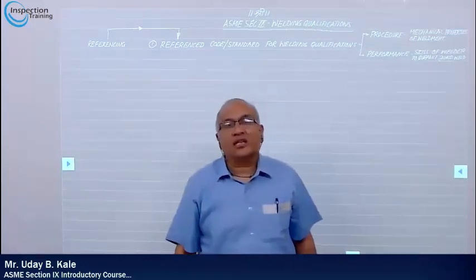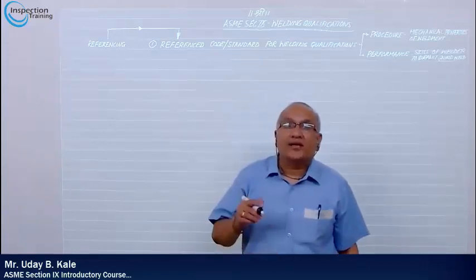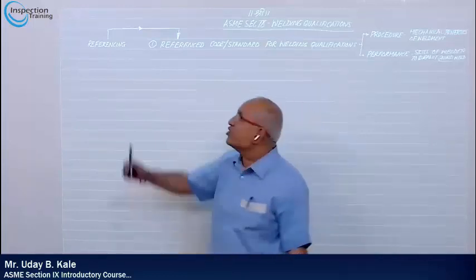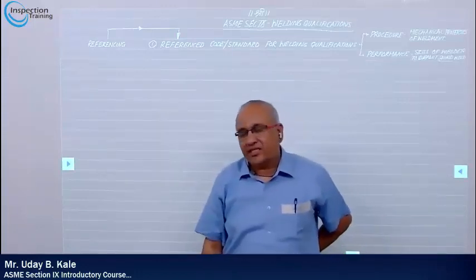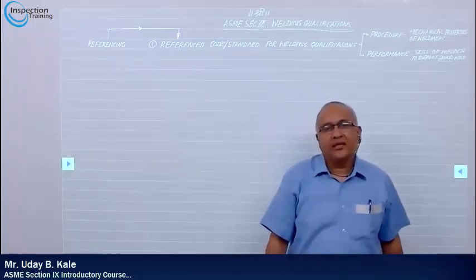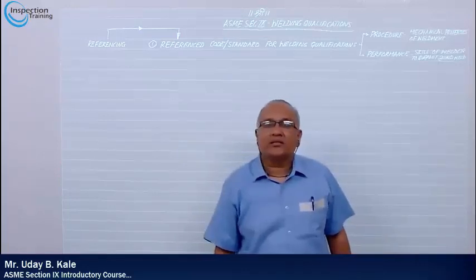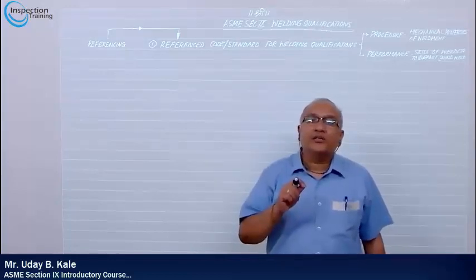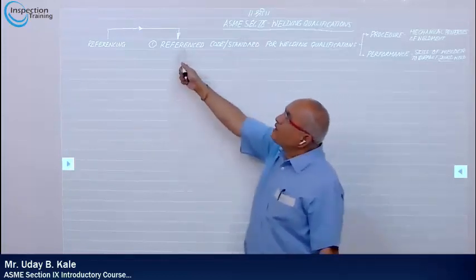Referencing is the one who is the parent, referring to another document, and that is called the reference document. So I say that ASME Section 8 Division 1 is a referencing code or standard, wherein when it gives you fabrication methods, it tells you that while you are welding, the document you have to refer to is Section 9. And that's why it is referenced.